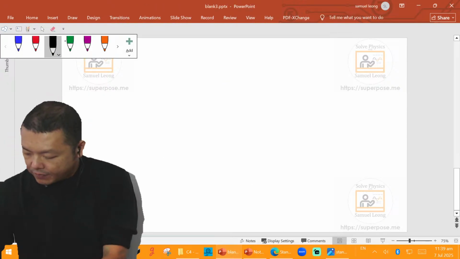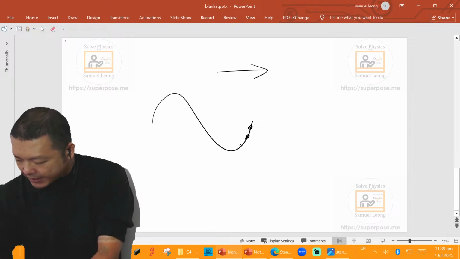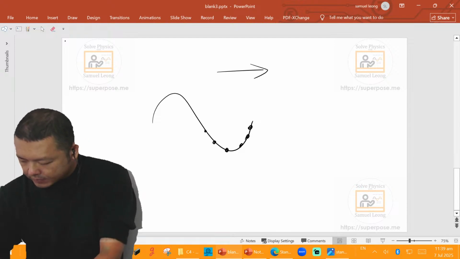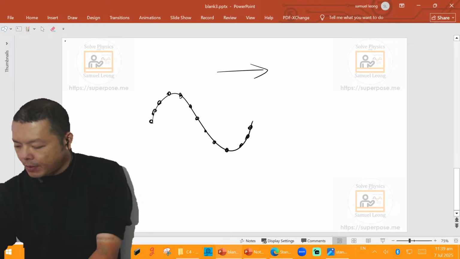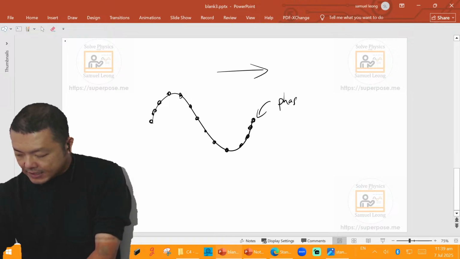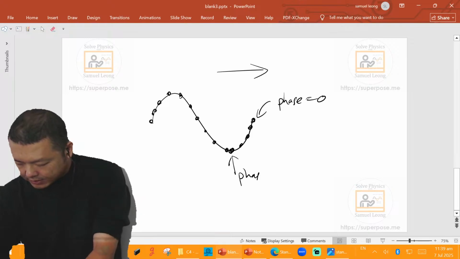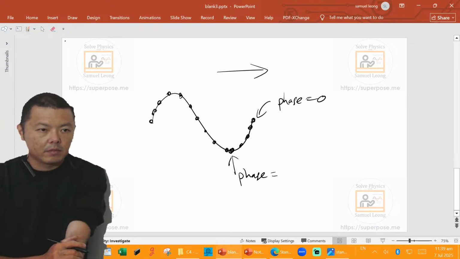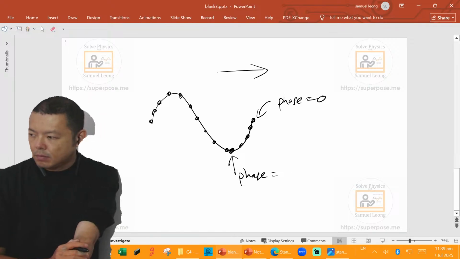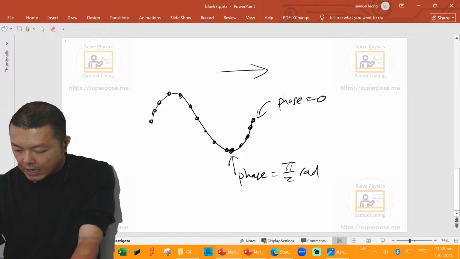If I draw this out for you very quickly, let's say this wave is traveling. All the particles at this point have a different phase. From the first particle, let's say the phase is 0, then what's the phase of the particle at the bottom here? Pi over 2 radians. Good. How about the particle here?